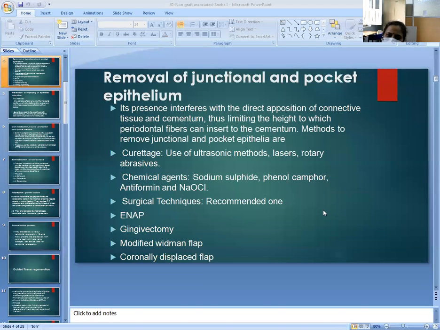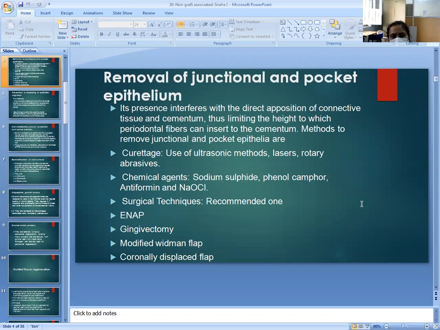But what happens? Epithelial cells grow faster, and they populate the area of the wound. Because of that, long junctional epithelium takes place, which is a weaker type of attachment.